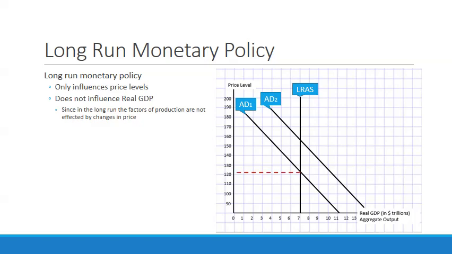So you can look at it here, when the price level is in one location, it moves to here, the new price location. So we see it goes from just over 120 to about 158 or something in terms of the economy. So when we see this increase, what we notice is that all of a sudden our price levels are higher, but output levels are back to the same level. It's that constant fluctuation in the short run, whereas in the long run, like we said, factors of production aren't changing.